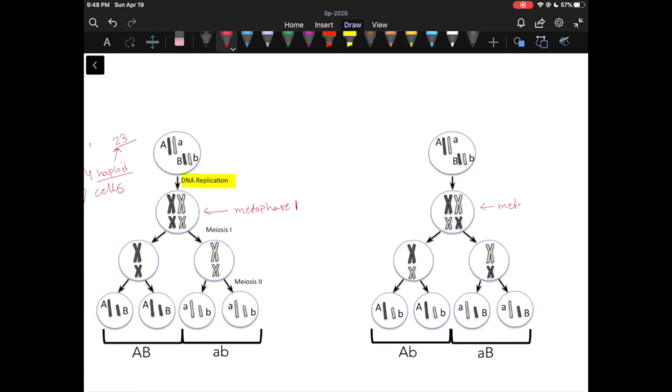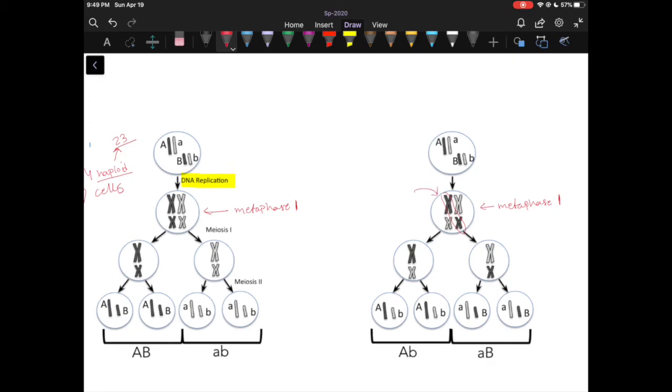Okay, and look at the differences in each of these diagrams. The one on the left shows both of these black chromosomes on the same side, whereas on the right, the black chromosomes are not on the same side, and they're apart from each other, and so are the white ones.